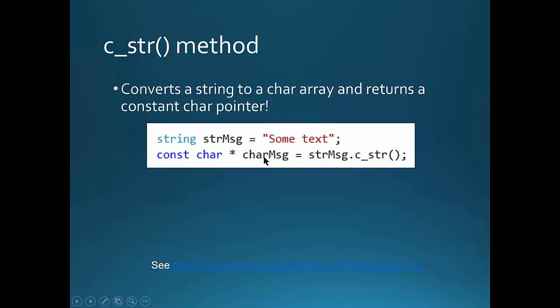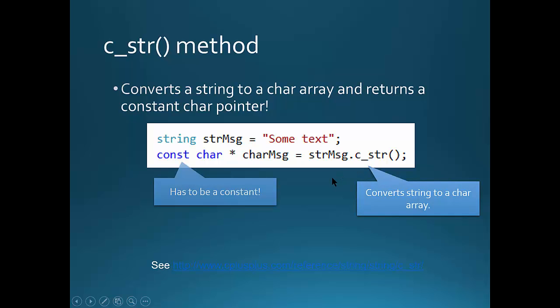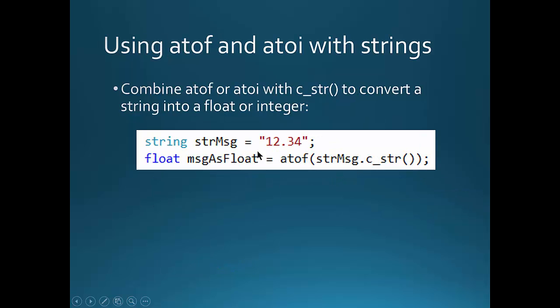So we define our character array as a const char pointer and then whatever name we want. This will take the string and make char message point to it and treat it as a character buffer. And so you could use that to make a float.